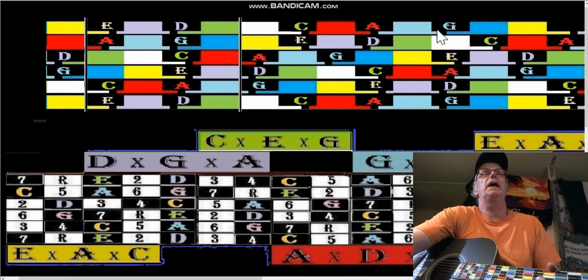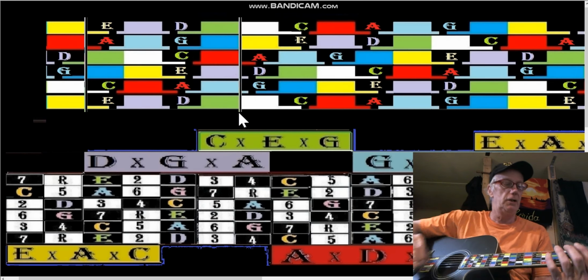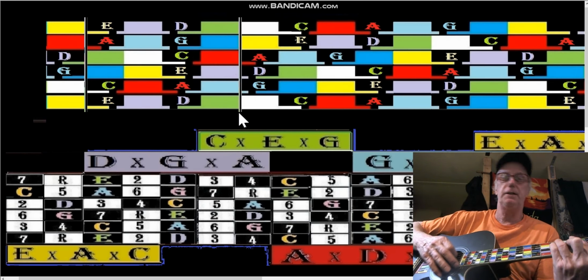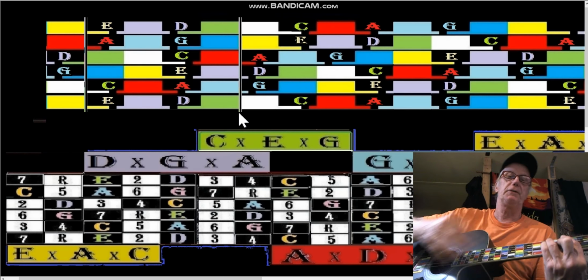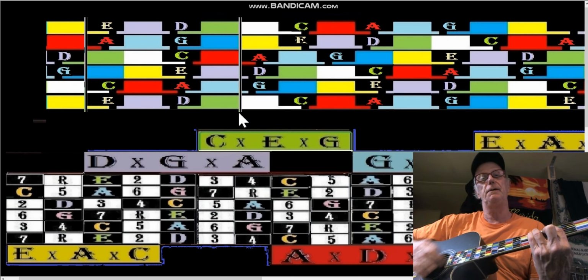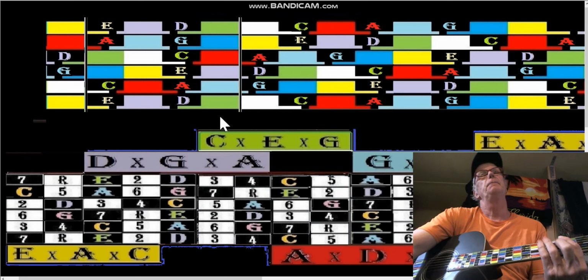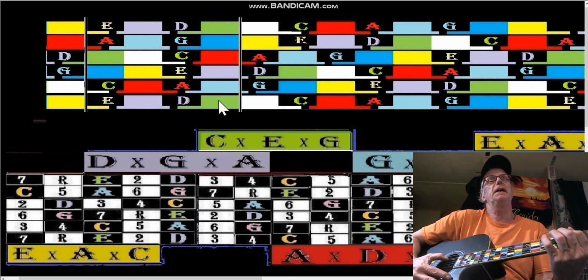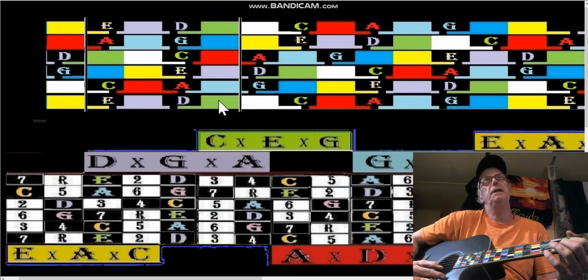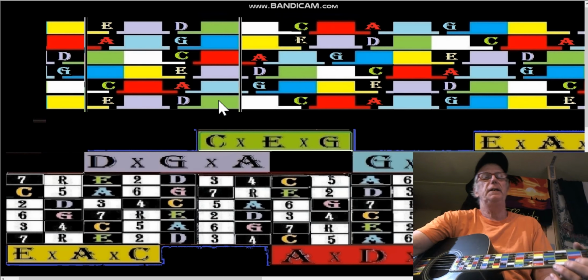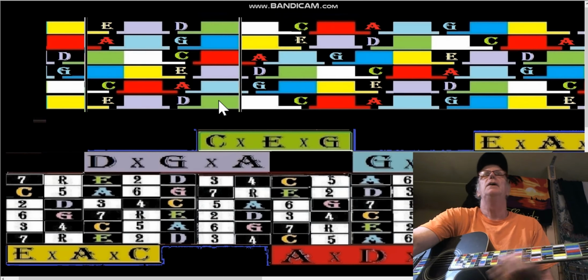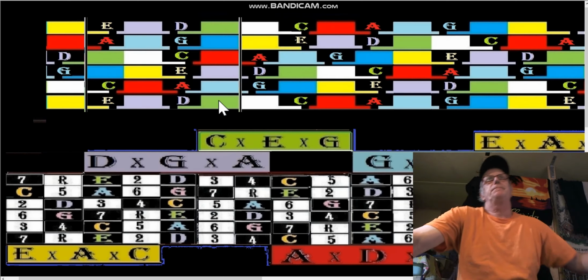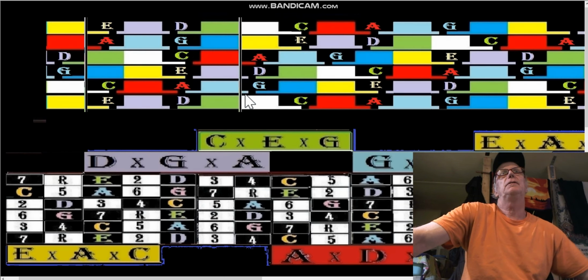If we look at your fret nut, where my finger is, this would be the E. So you're looking at E, A, D, G, B, and E again. Let's look at that in the chart.